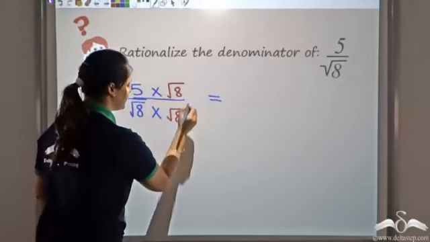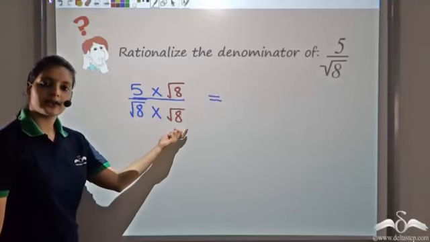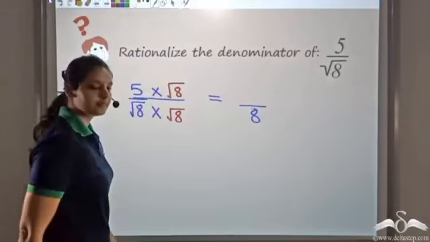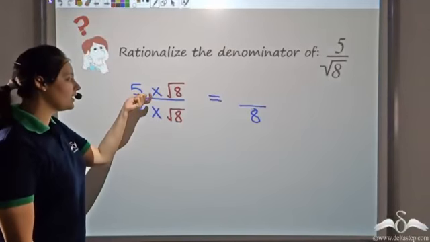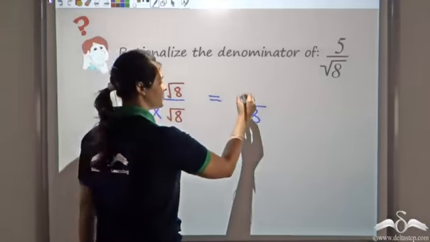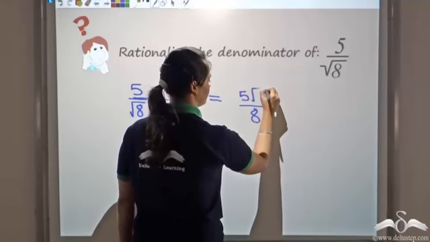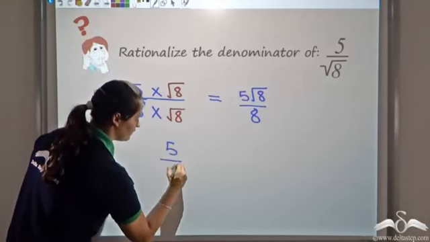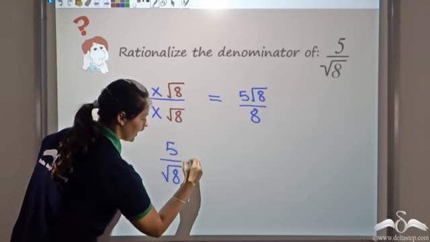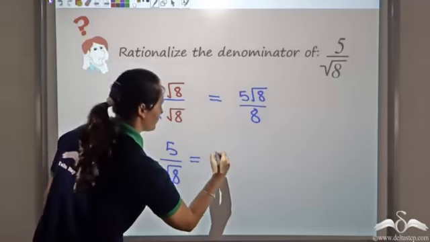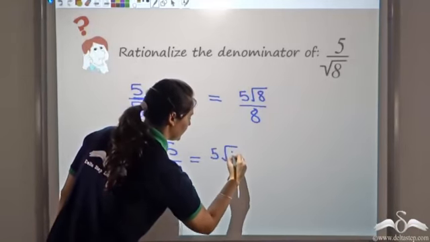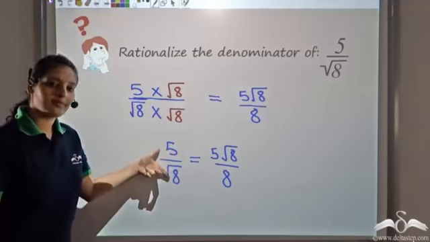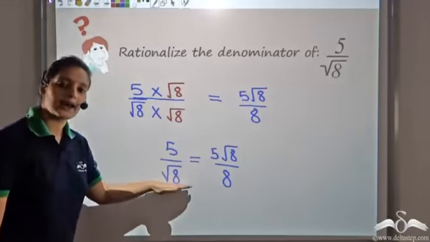The denominator is under root 8 times under root 8, which is just the number 8. What about the numerator? 5 times under root 8. This gives me 5 under root 8. So this is how 5 by under root 8 can also be written as 5 under root 8 by 8. Now this is the same irrational number. I rationalized the denominator.